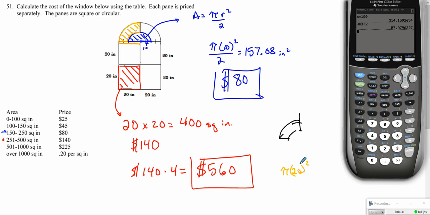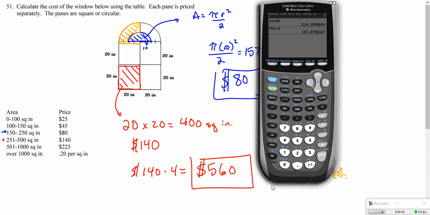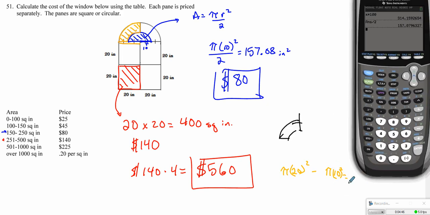I'm going to subtract from it the area of the smaller circle, which is pi times 10 squared. When I get the answer to that, I'm going to divide it by 4, and that's going to be the area of that one pane of glass.